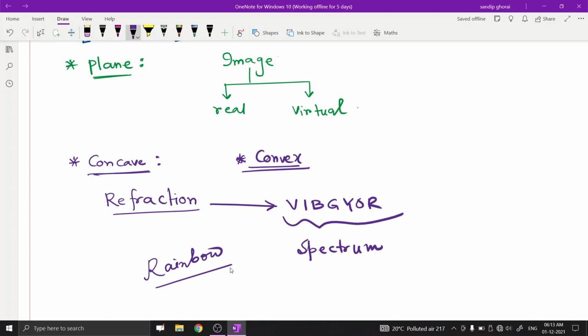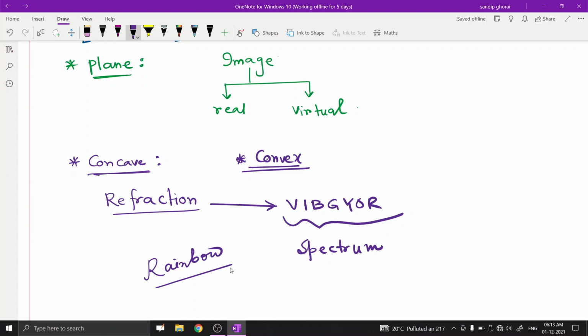So this is the complete chapter. You have to know what light is, what the properties of light are, such as reflection, refraction, and dispersion. Also know the different types of mirrors, plane mirror and convex and concave mirrors, and how images are formed for them.